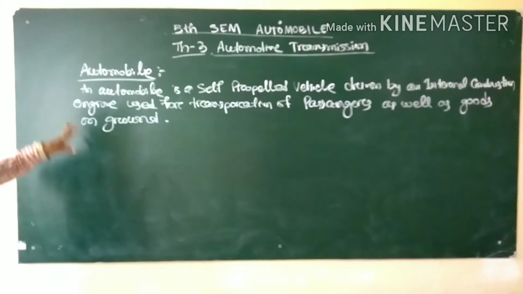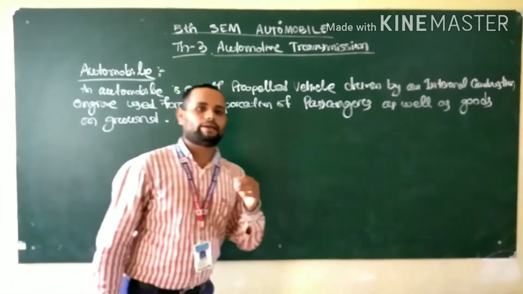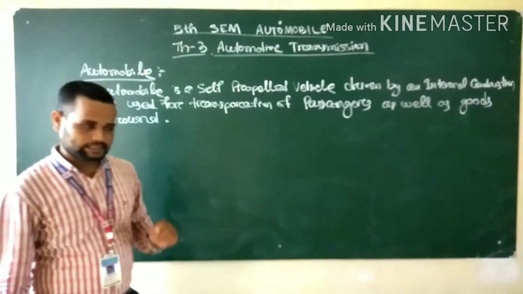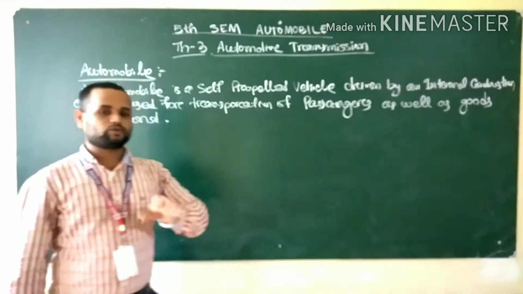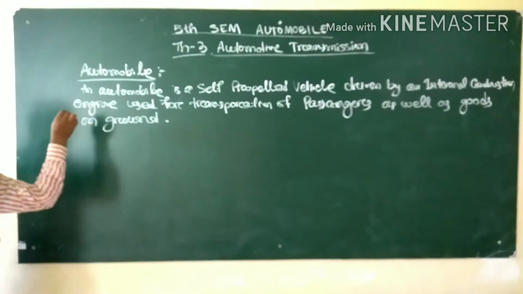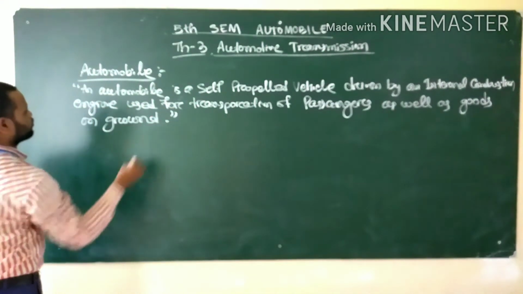So what is automobile? An automobile is a self-propelled vehicle driven by an internal combustion engine used for transportation of goods and passengers on ground. This is the definition of automobile.